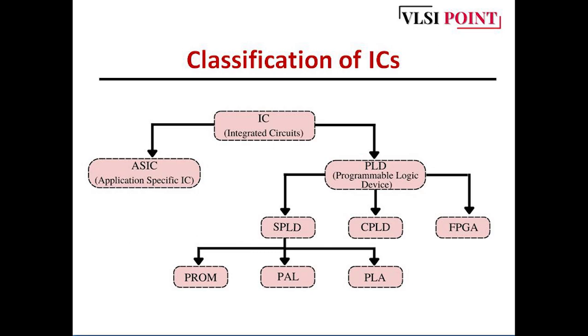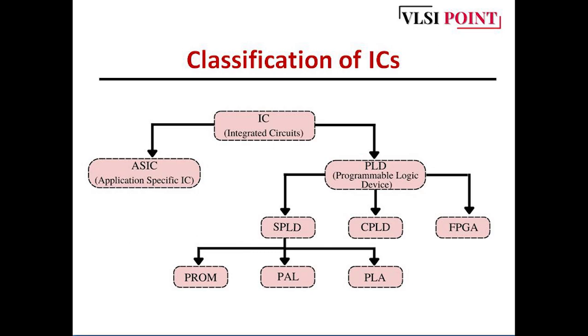And it gives us more flexibility to program the circuit. Now the second one is PAL, which is programmable array logic. It has a fixed OR array and a programmable AND array. Also, it is less flexible as compared to the PLA. Finally, we have PLA, which is programmable logic array. It contains a programmable AND array and a programmable OR array.